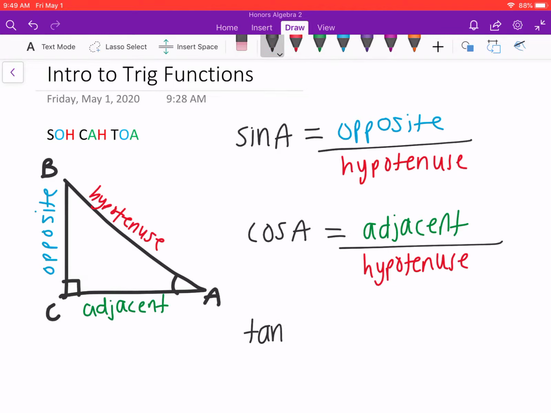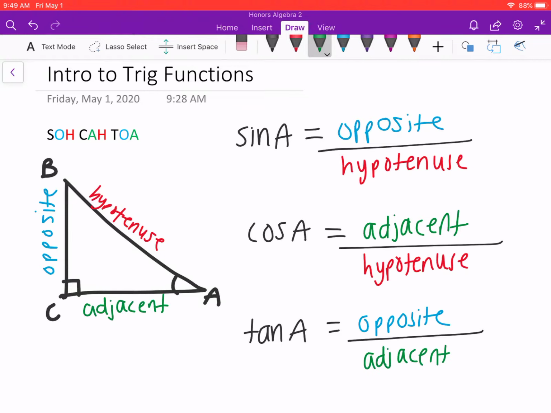So tangent, or we write that as tan of angle A, equals the opposite divided by the adjacent.